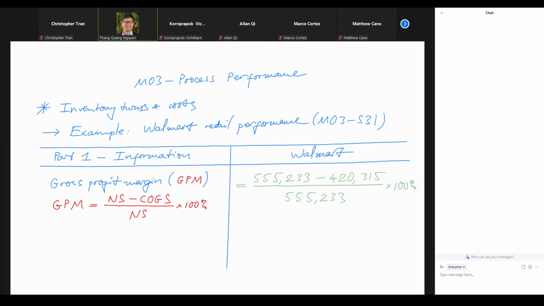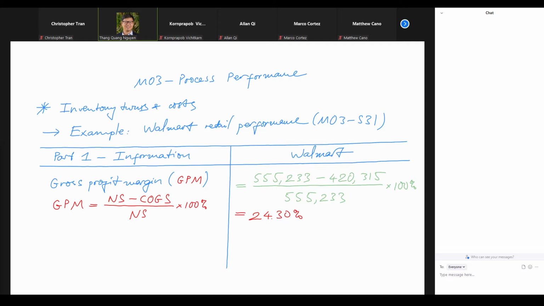Okay, so here is the answer. I pre-calculated this value. So it's 24.30%. It can be more decimal places, but for now we just use 2.